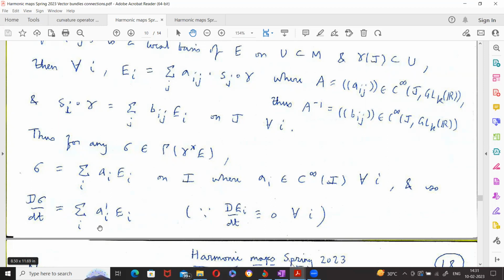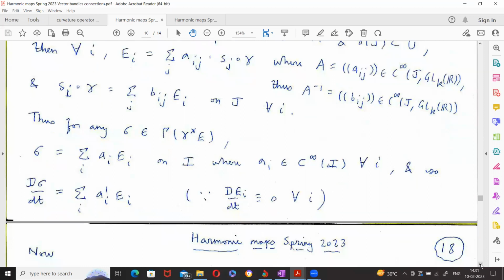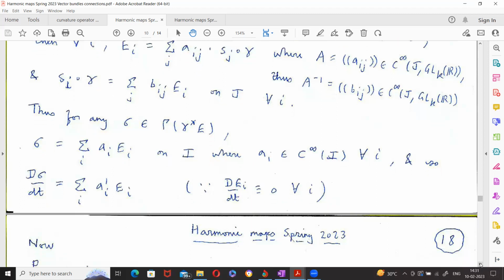Yes, sir. Clear. Okay. All right. It's just from the Leibniz rule, right? dEi dt is 0. So the second term vanishes.